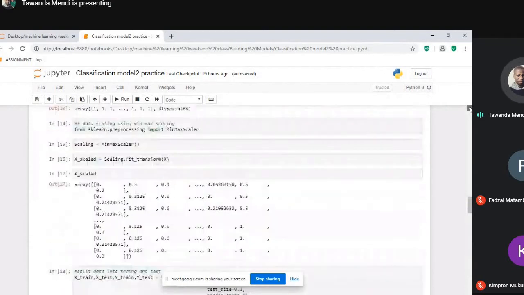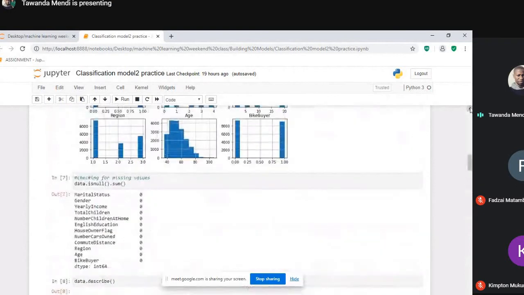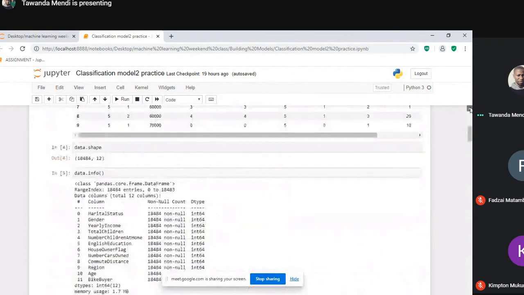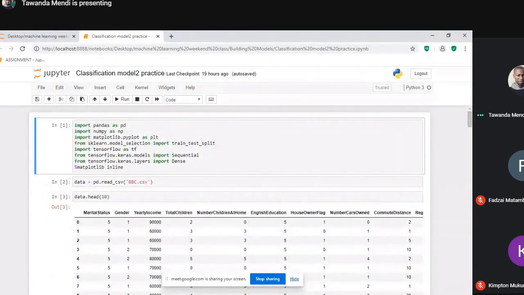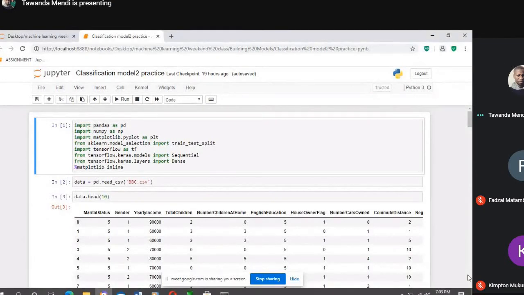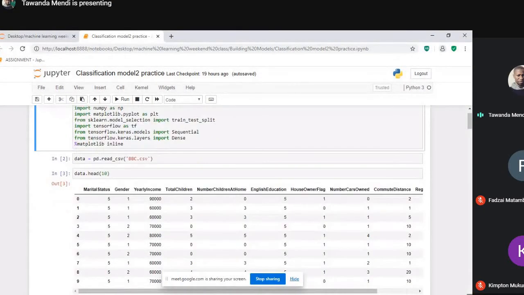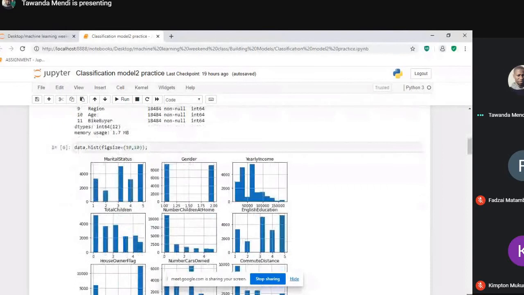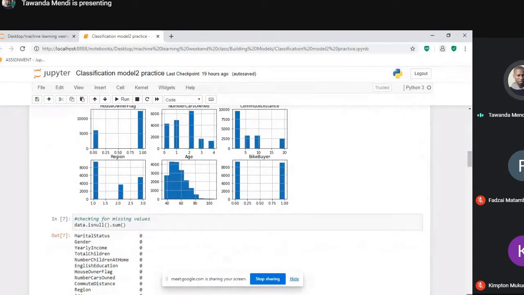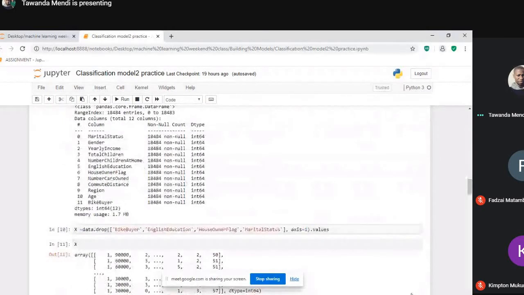Because what I did from Soro, everything is right. I did the same. But for assigning X, I have to drop some variables like the marital status, house owner, and English education.